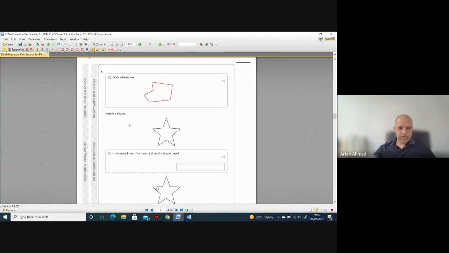Then it says, here is the shape. How many lines of symmetry does it have? Well, let's draw them. Lines of symmetry just means mirror lines. So there's one straight down the middle. That's 1. So I went from a point to the point that goes inside, like a corner. Let's call that a corner. So I'll point to a corner.